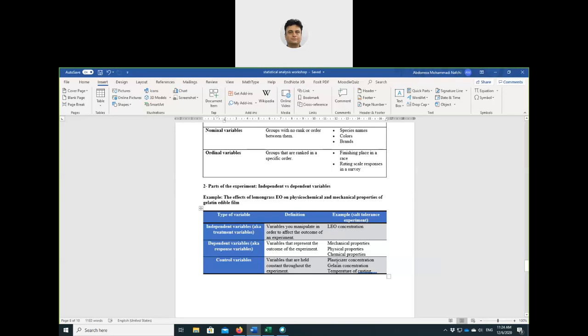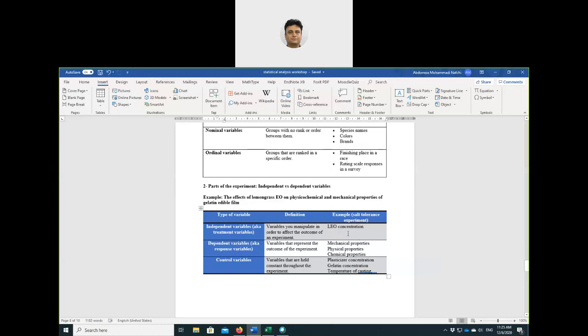For example, if you forget to adjust the plasticizer, it will have an effect, and we cannot detect whether this effect is coming from LEO or from the plasticizer. Gelatin concentration also, temperature of casting also. Many things you need to control to exactly extract the effect of the independent variable on the dependent variable.